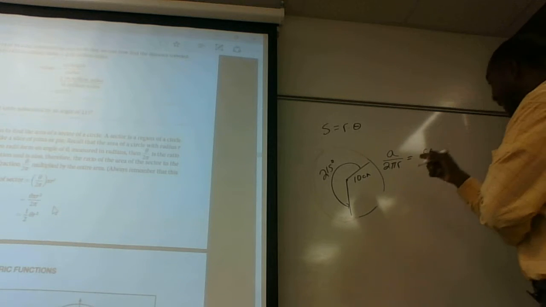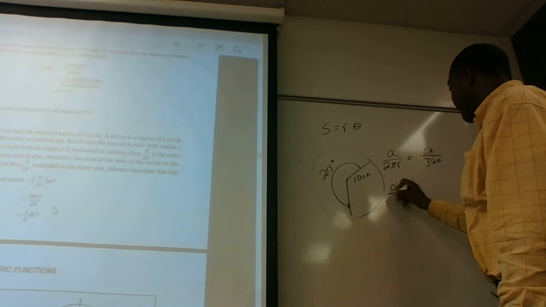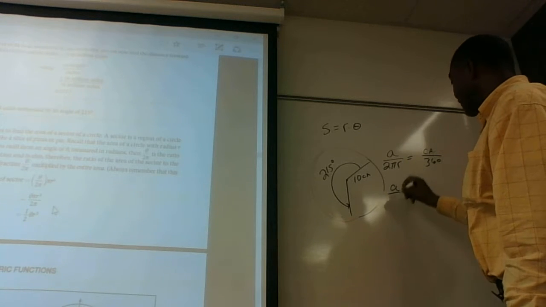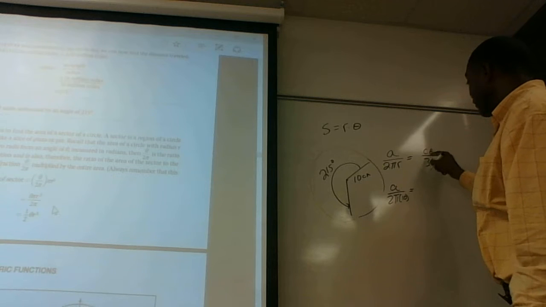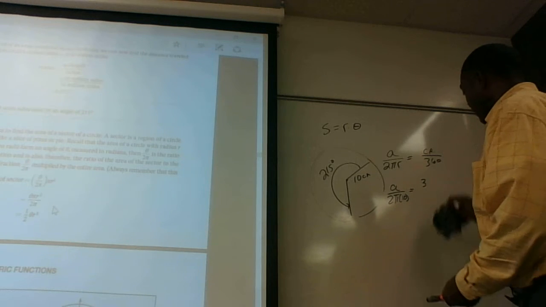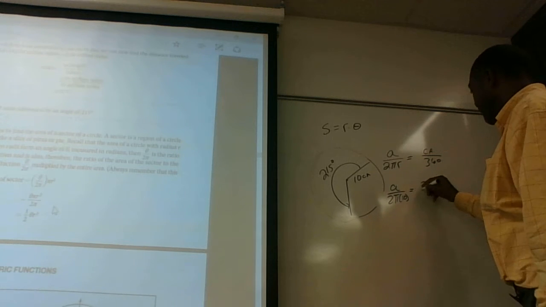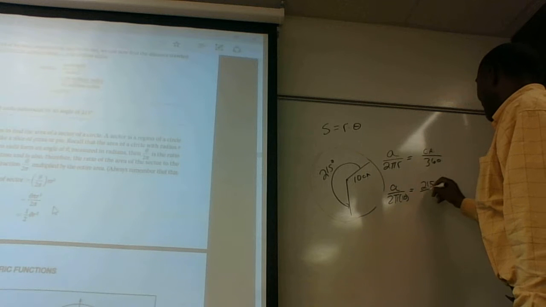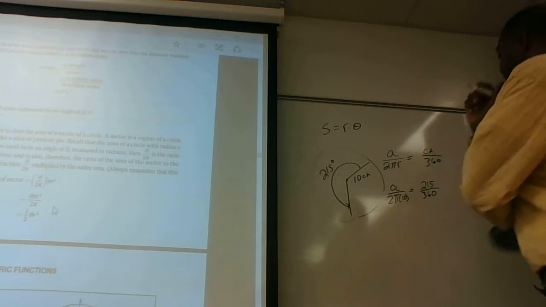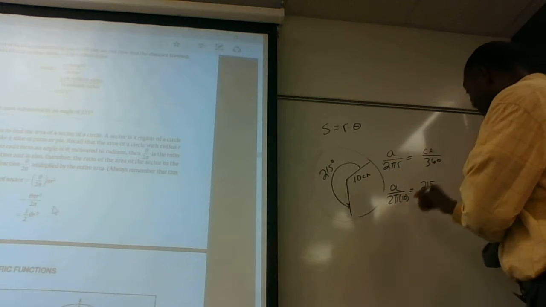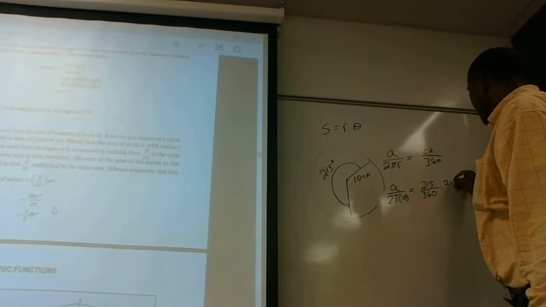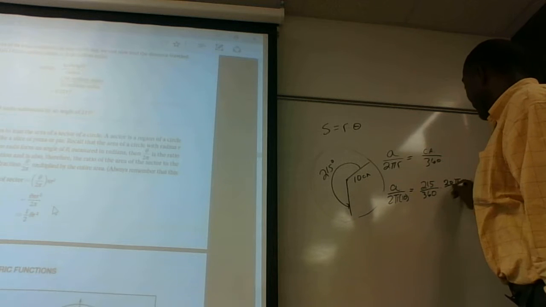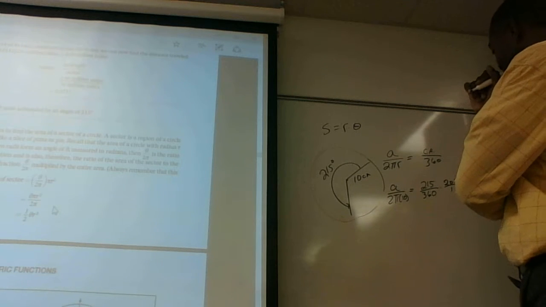Now we just fill in the gaps. A divided by 2 times pi times 10 is equal to 215 divided by 360. Again, doing the same math, multiplying by 20 pi, and that will get that formula.